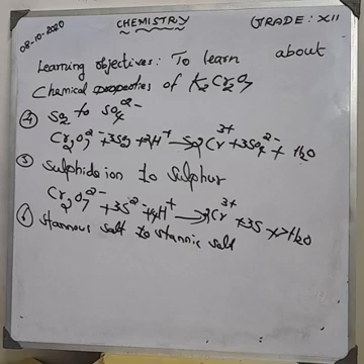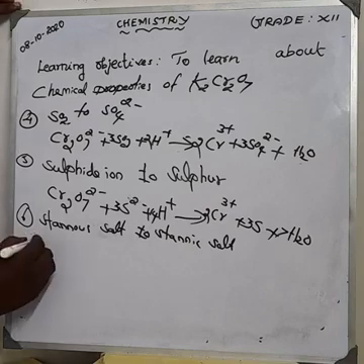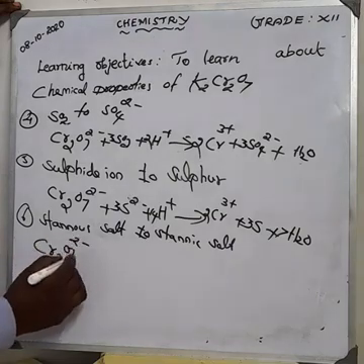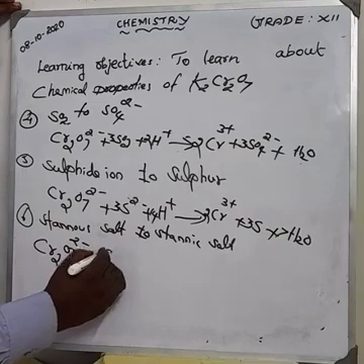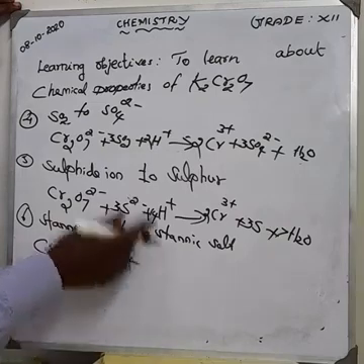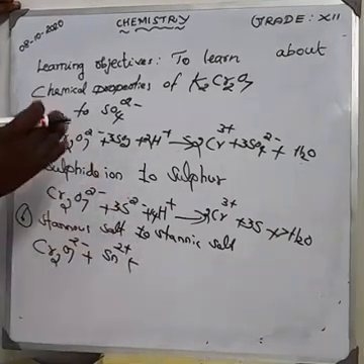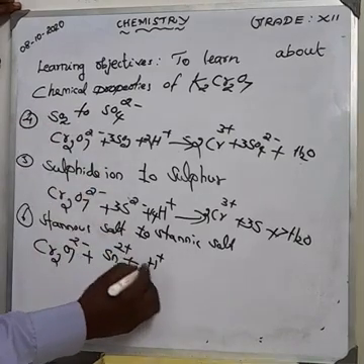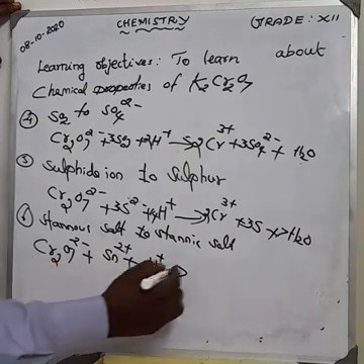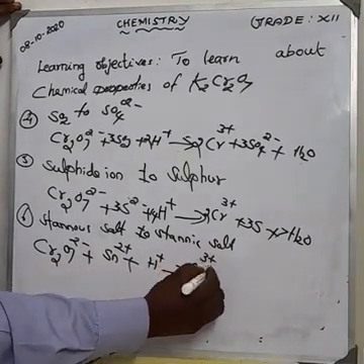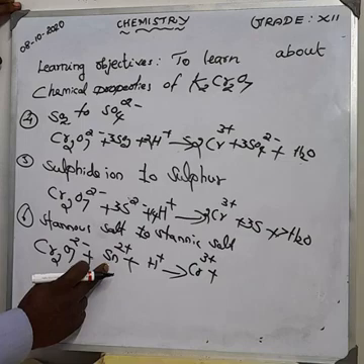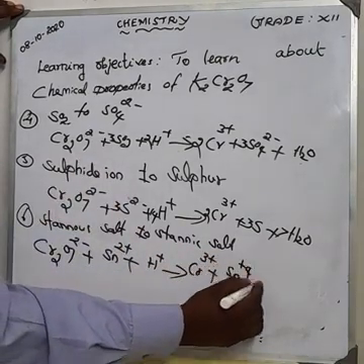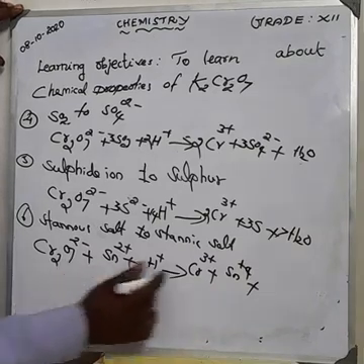This is also in the presence of H plus ions. So we get chromium, and stannous is converted to stannic. Hydrogen combines with oxygen to form water.